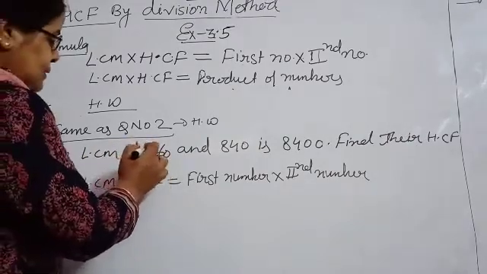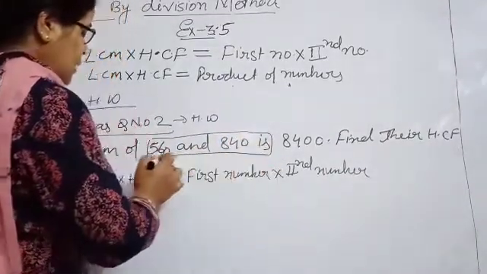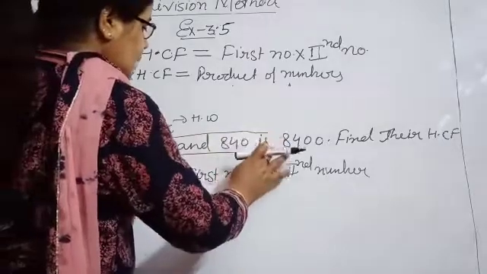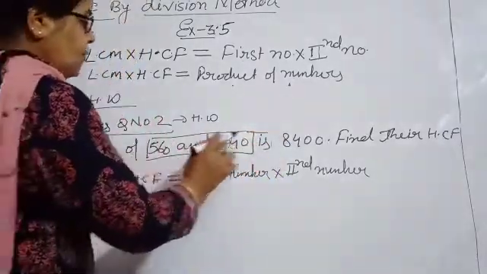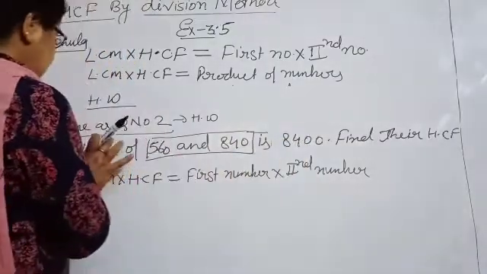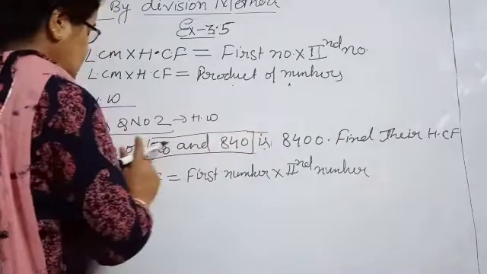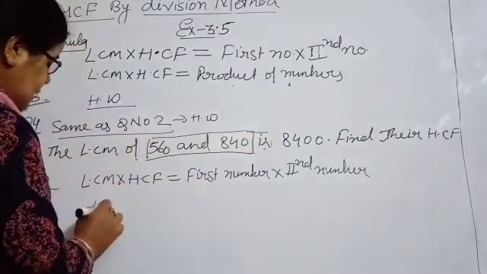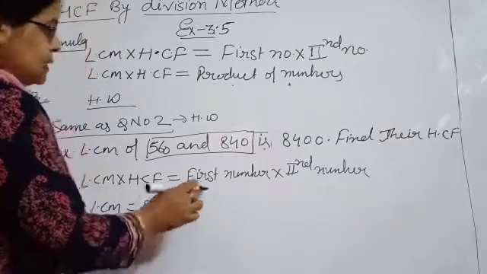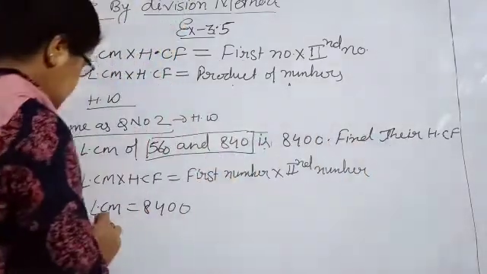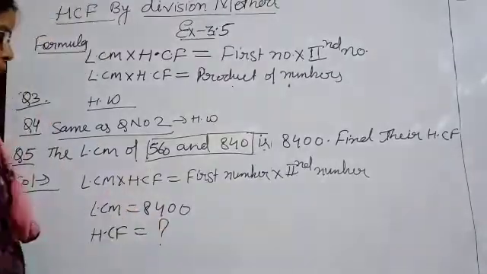These are numbers, and here it is written as the LCM of the numbers. You can see, connect the things. The LCM of the numbers, what is the value of the LCM? LCM is equal to 8400. It means you have to find their HCF.